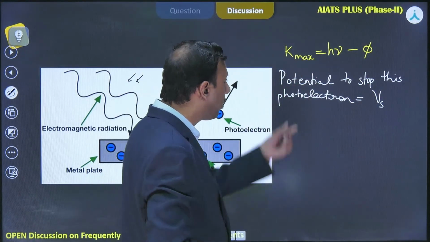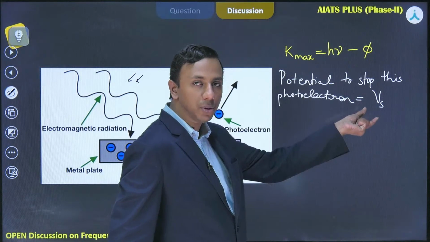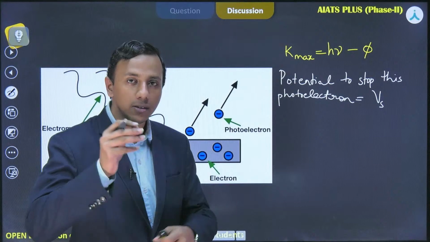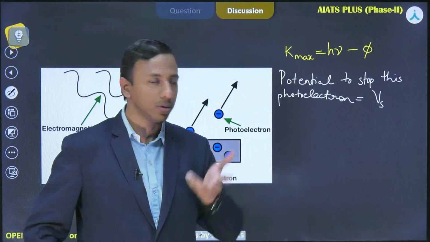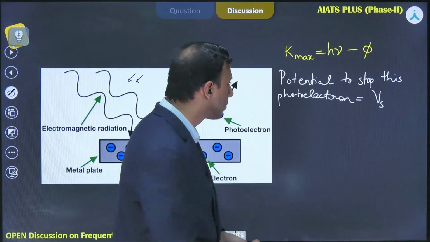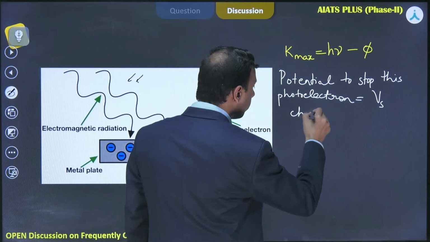So what will be the energy? How much energy are you supplying? Charge into potential, isn't it? You have studied that work done is equal to charge into potential, energy is equal to charge into potential. What is the charge on the photoelectron? E only, isn't it? Let me also write that down.